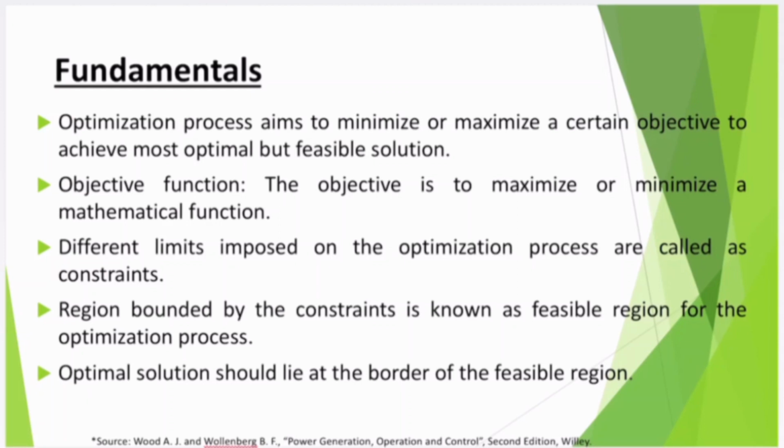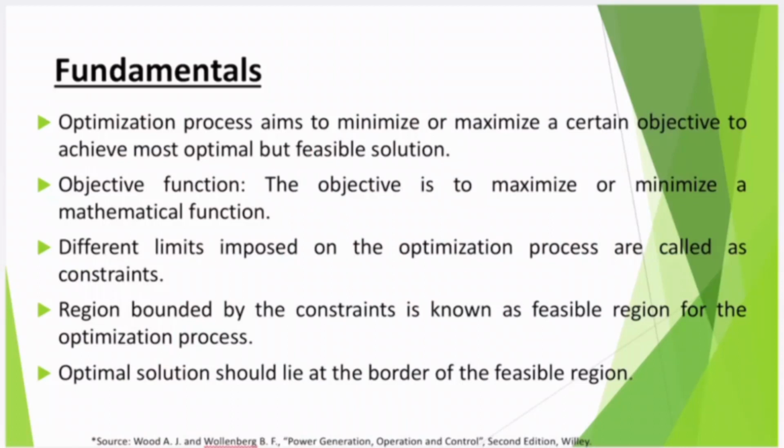We also need different limits imposed on the optimizing process, which are called constraints. For example, if I'm interested in the generation output P of a particular power plant, the value of P must be less than its maximum generation and more than its minimum generation.